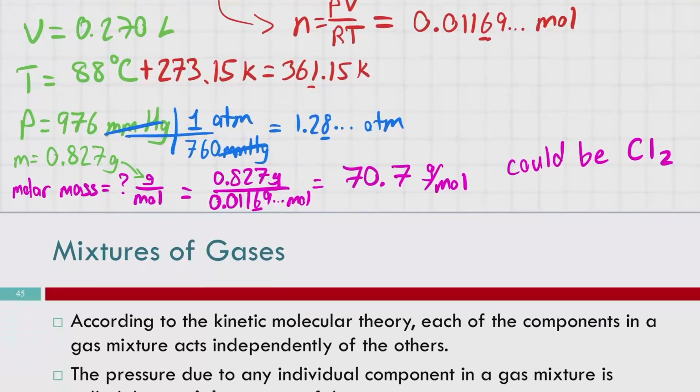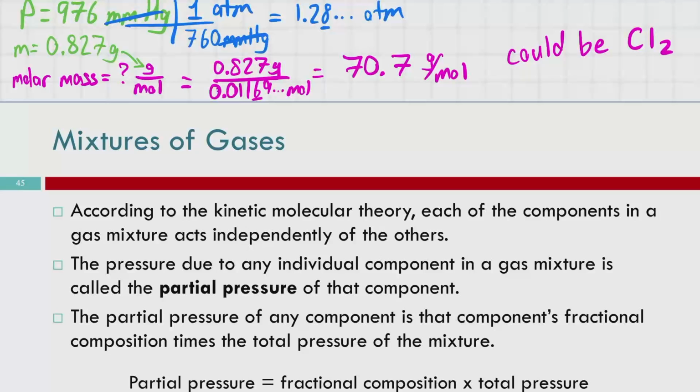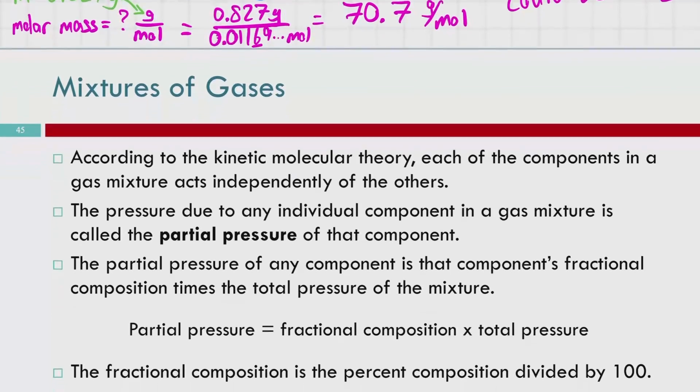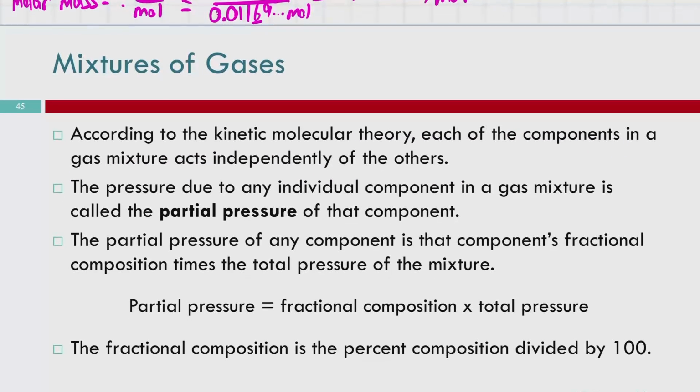Great. We can also mix gases together. According to kinetic molecular theory, each of the components in a gas mixture acts independently of the others. So the identity of gases doesn't matter.